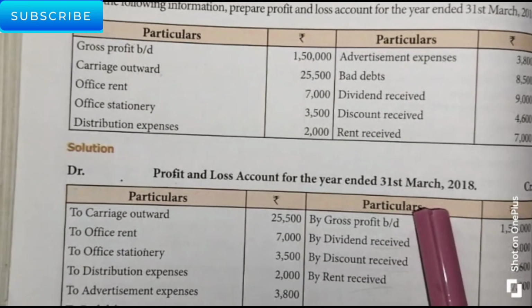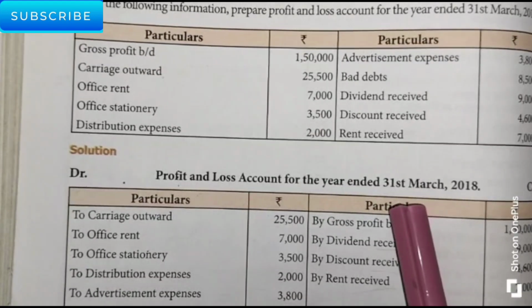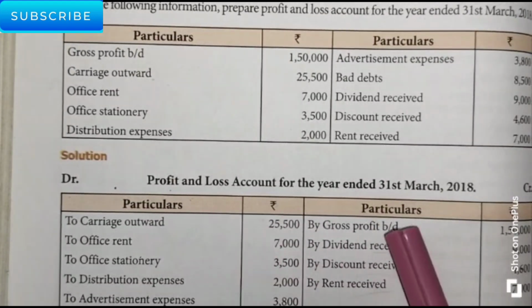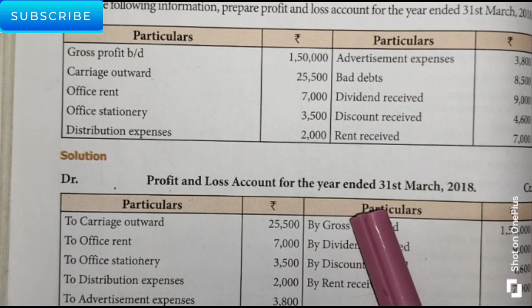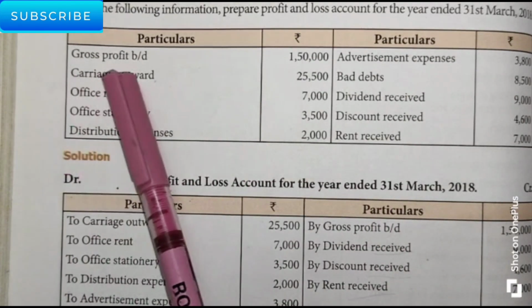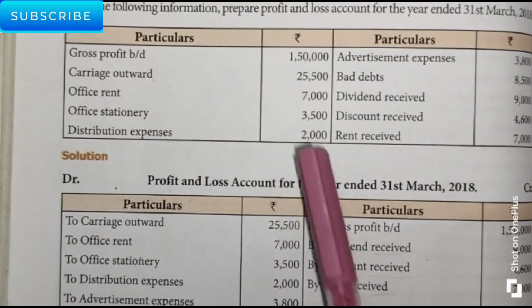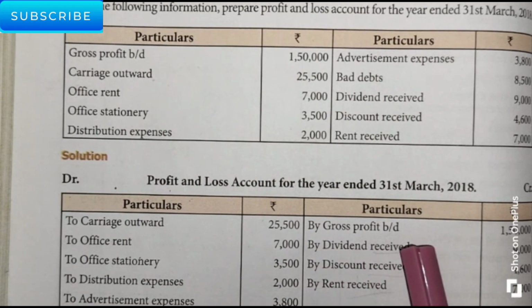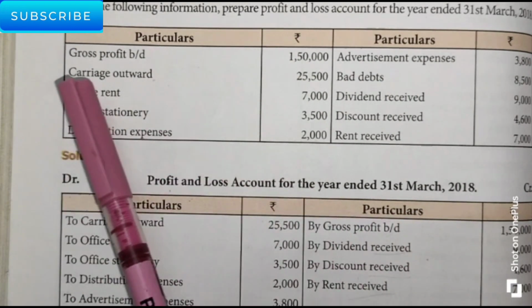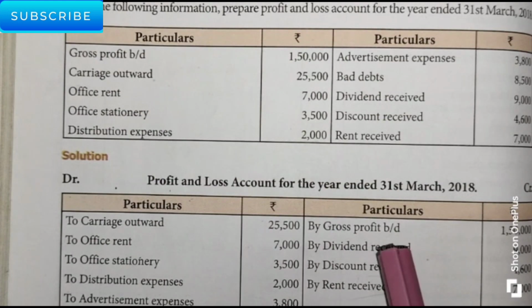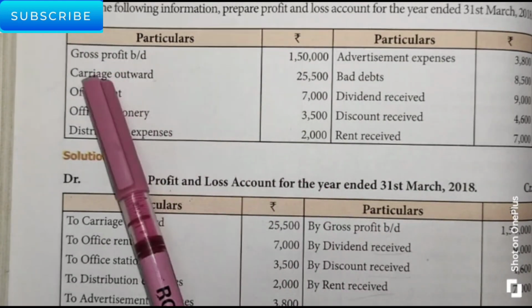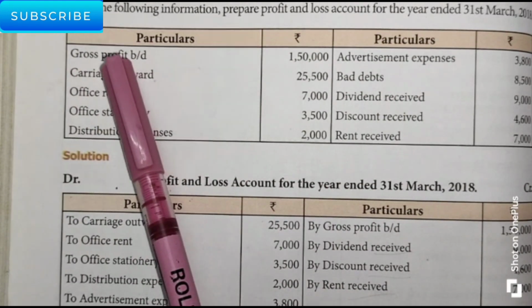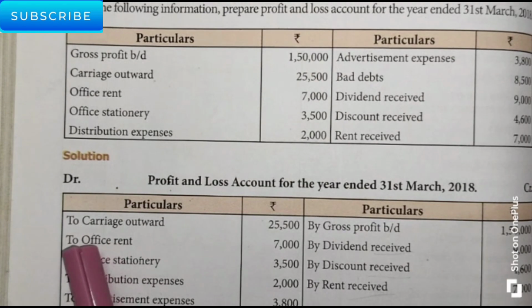Whenever you prepare the profit and loss account, first of all you have to enter gross profit brought down on the credit side. If they have given gross profit, you enter it on the credit side. If they have given gross loss, you enter it on the debit side.